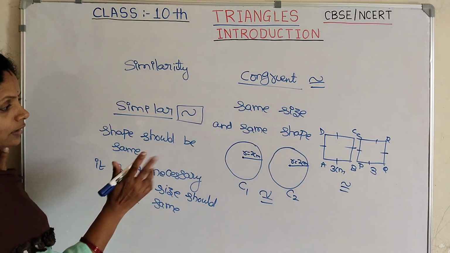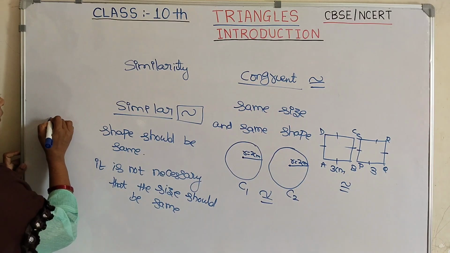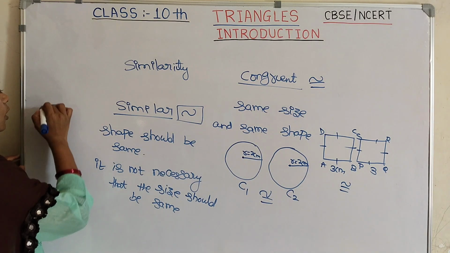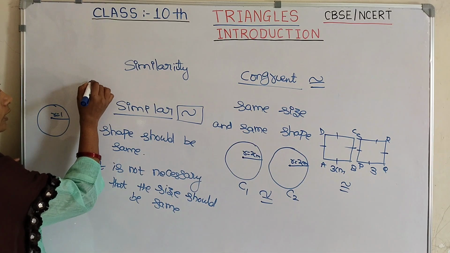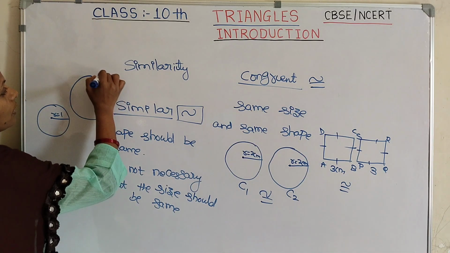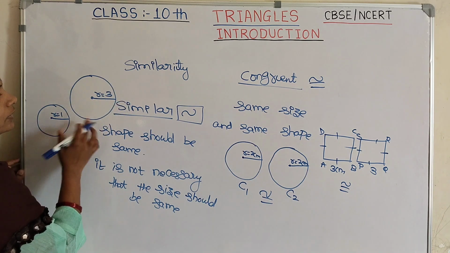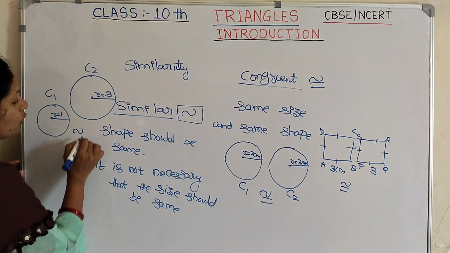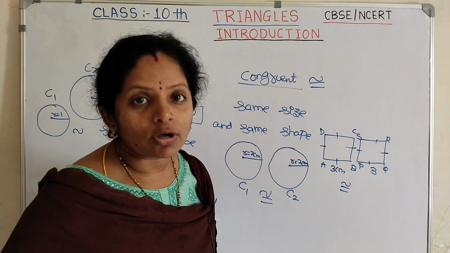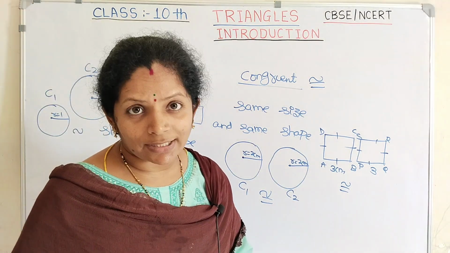Let us take two circles. The first circle let us draw with the radius r equal to 1 centimeter, and let us draw one more circle with radius equal to 3 centimeters. We can say that the circles C1 and C2, these two are similar because their size is not the same.